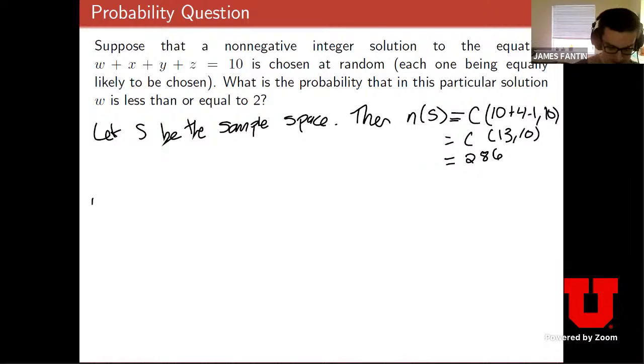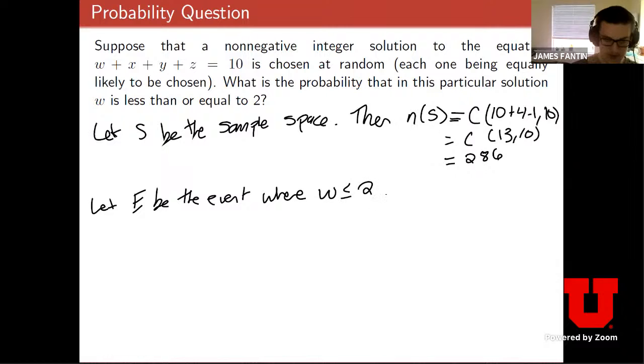So now let's look at event E. E is the event where W is less than or equal to 2. Well, this event is a little bit hard to count. If you recall from when we were doing counting, on these types of problems, it's often easier to count when W has at least some value than when W is less than some value.